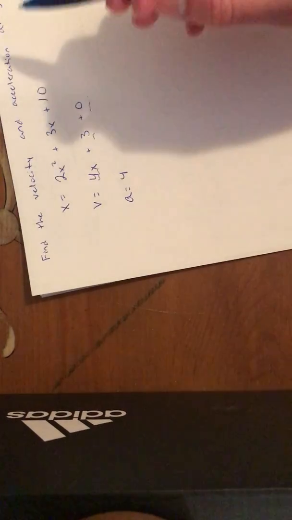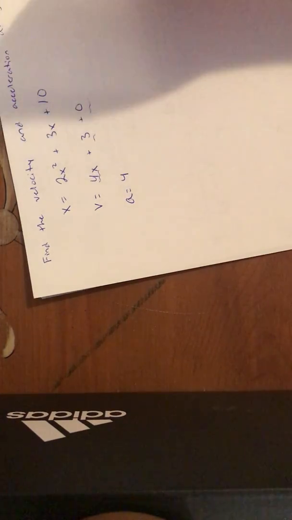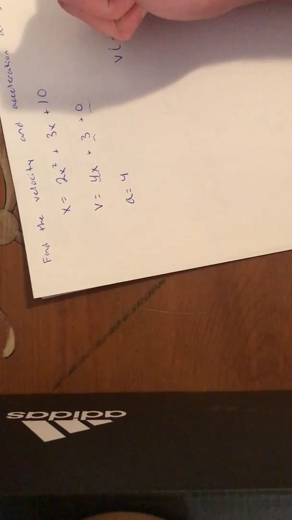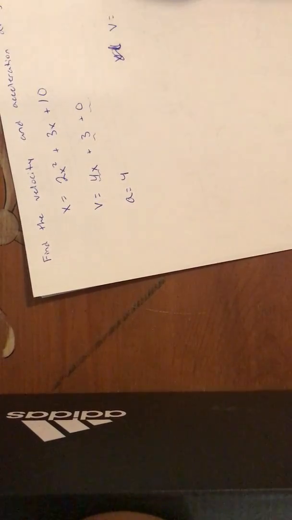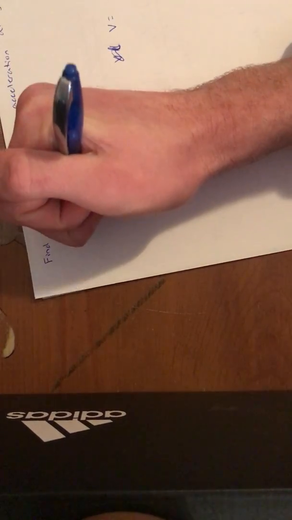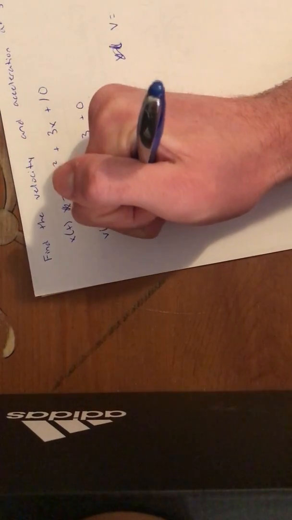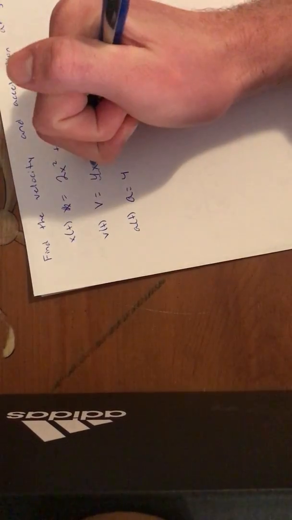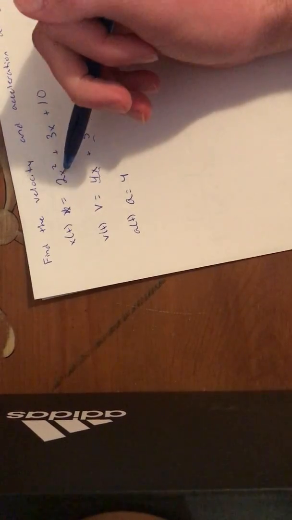So to find the velocity and acceleration at 3 seconds, I can just plug in 3 for my variable right here. So velocity equals, sometimes they won't use x, sometimes they'll use t. So you'll have like x of t, v of t, a of t, and these won't be x's in the equation, they will be t's in the equation.